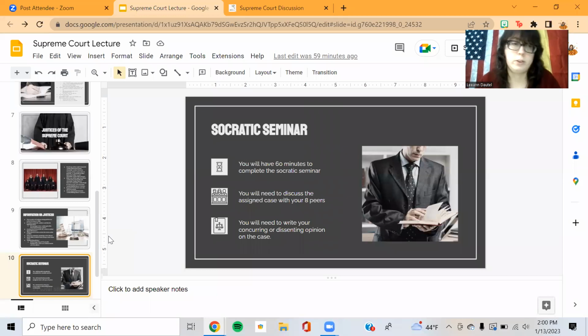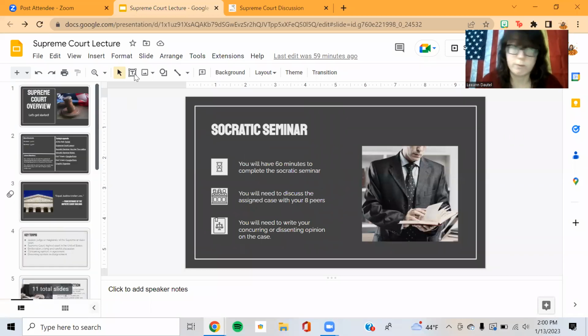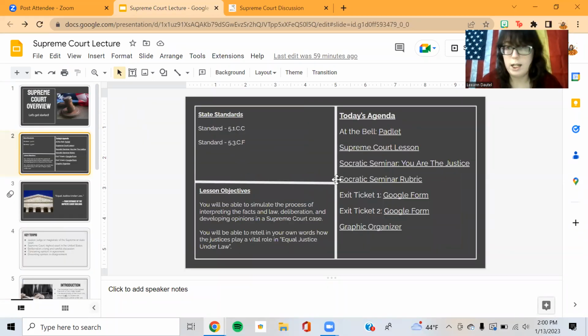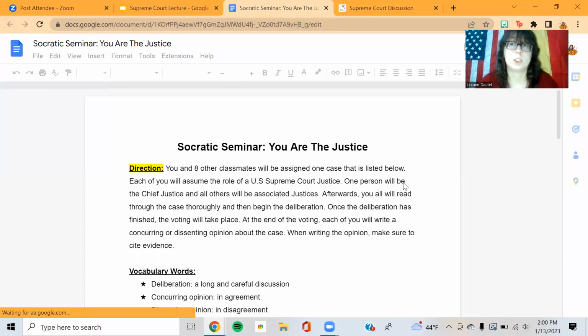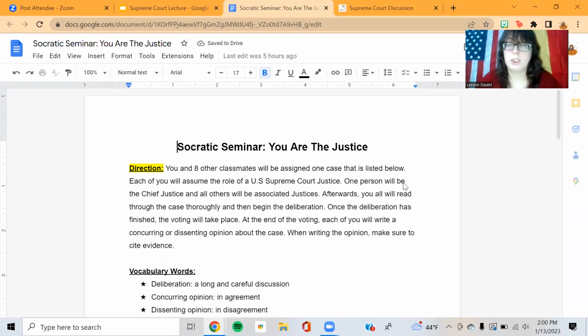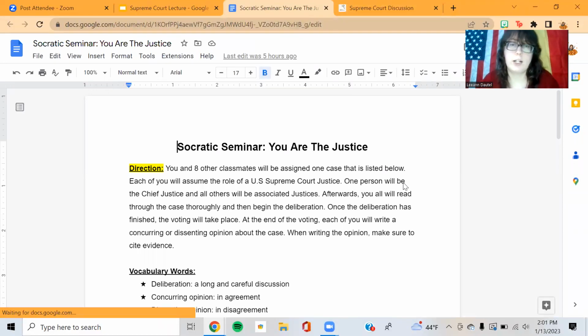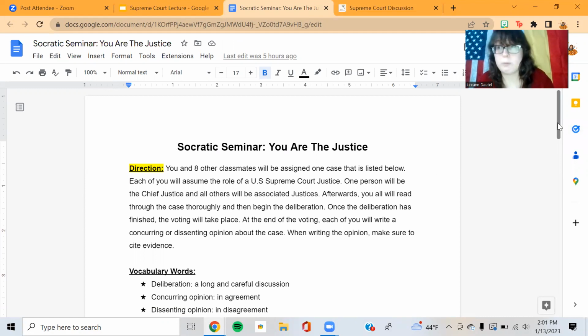So now we're going to get into discussing what this Socratic seminar looks like. I thought a best way for students to be able to understand the role of our Supreme Court justice is to become one. So they would be with 8 other classmates, and this would be a mixed group of students with mixed abilities, as I have a mix of advanced, proficient, and not proficient students in my class.